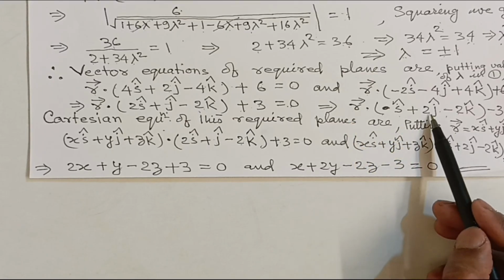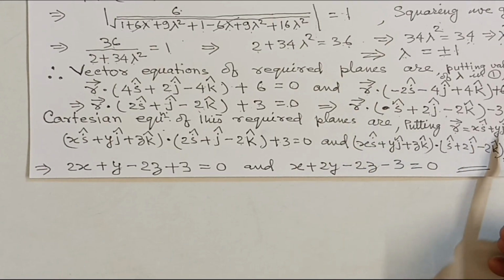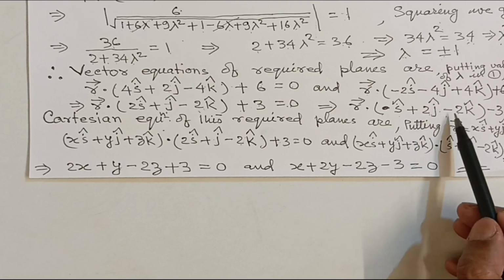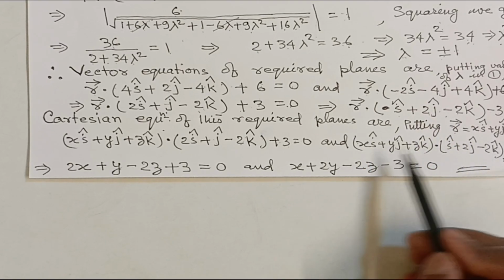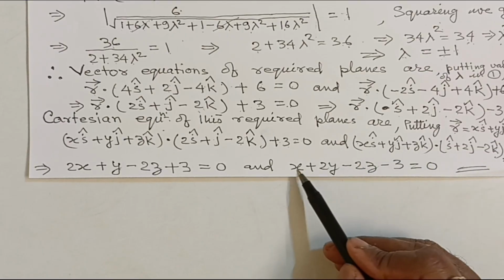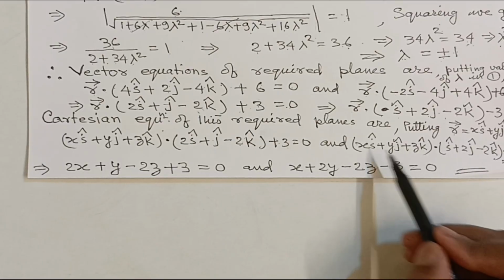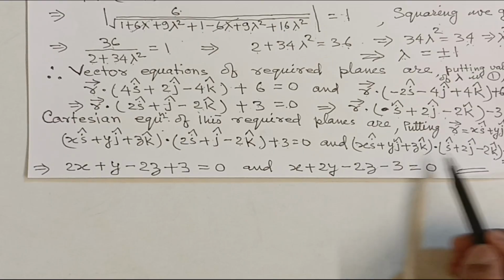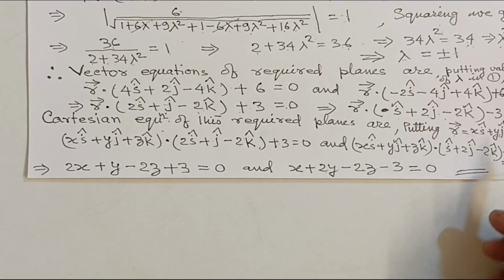And here, we get r dot i plus 2j minus 2k minus 3 is equal to 0. So instead of r, we put xi plus yj plus zk. xi plus yj plus zk dot i plus 2j minus 2k minus 3 is equal to 0. i dot i is 1, so 1 into x, plus i dot j 0, i dot k 0, j dot i 0, j dot j 1, so 1 into 2 into y, so plus 2y, j dot k is equal to 0.